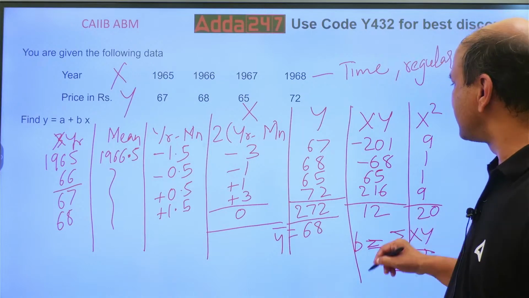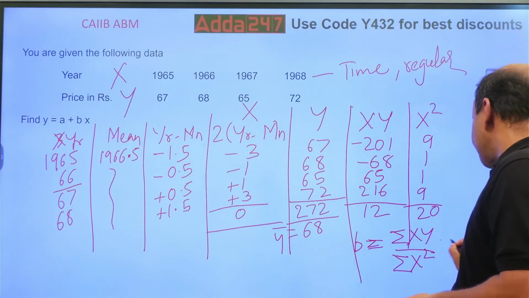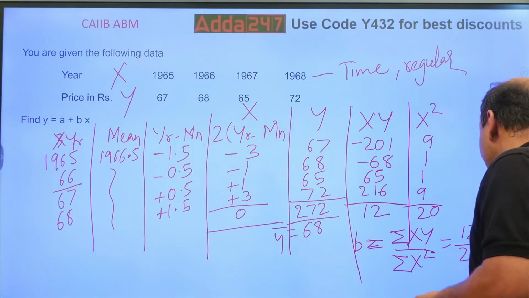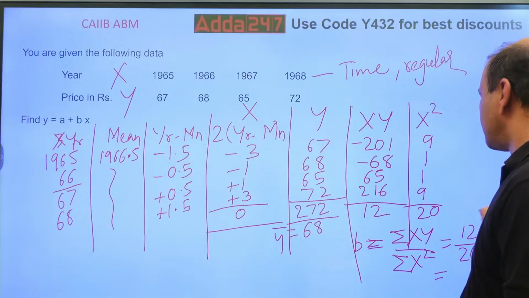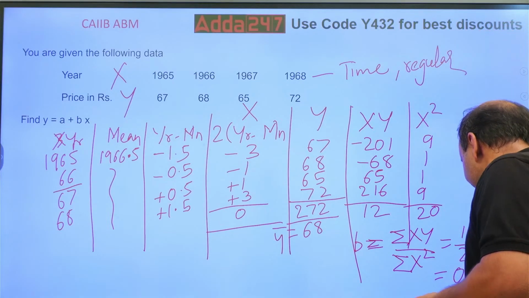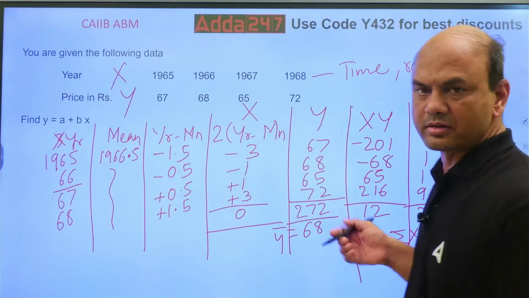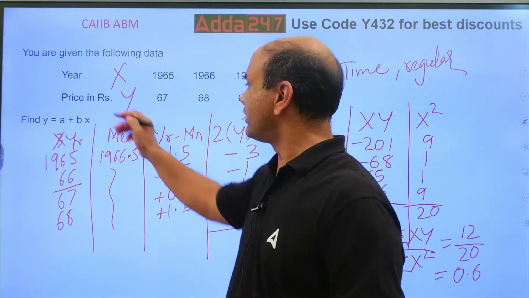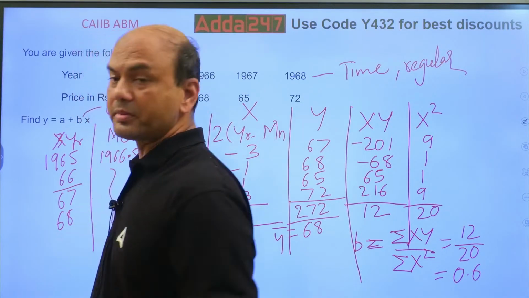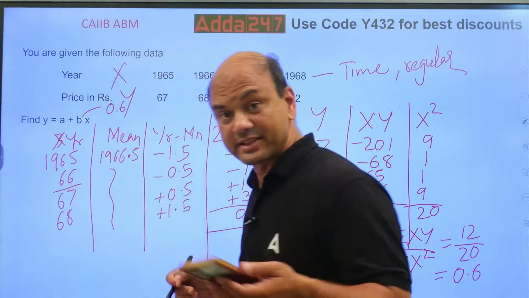Now we have got summation xy is what? 12. So 12 upon summation x square, 20. So that is equal to what? 0.6. B is over. B you have got it, 0.6. What about A? A is still easier.